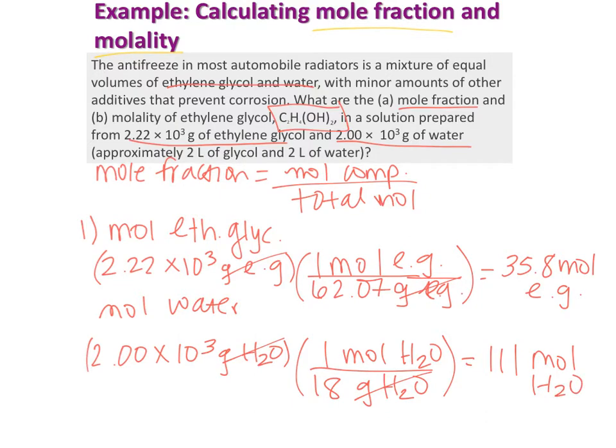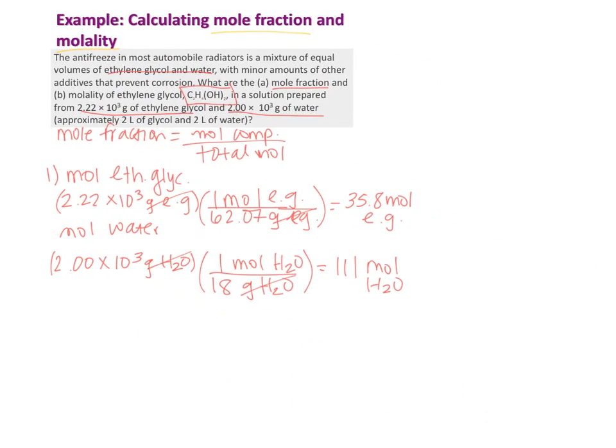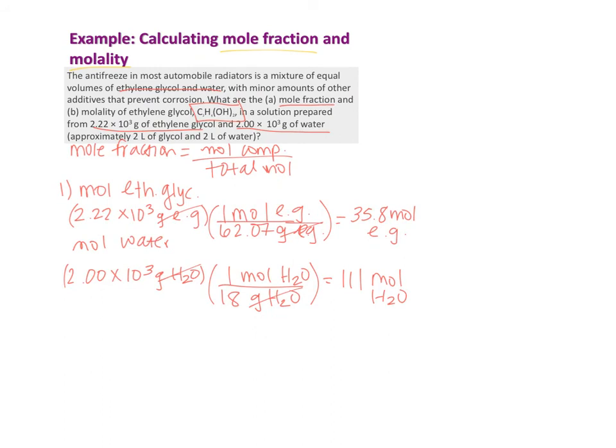So now we are ready to calculate the mole fraction of ethylene glycol. The notation for mole fraction is this squiggly X. That's how I like to say it. And we're going to calculate it for ethylene glycol. So we are going to take the moles of ethylene glycol, which is 35.8 mole, and then we are going to add up the 111 plus this 35.8 mole.